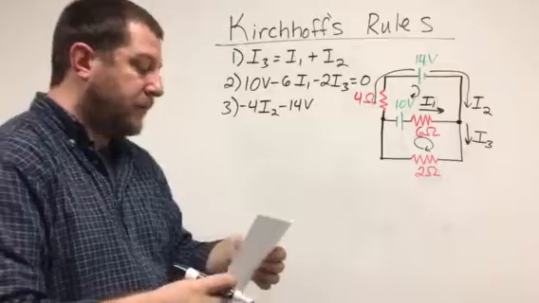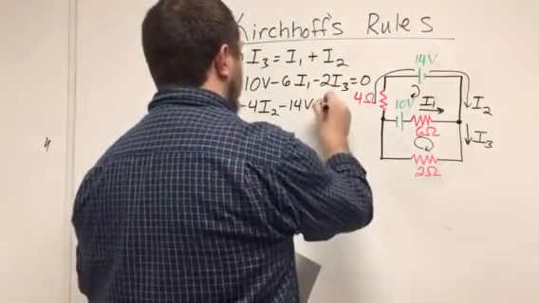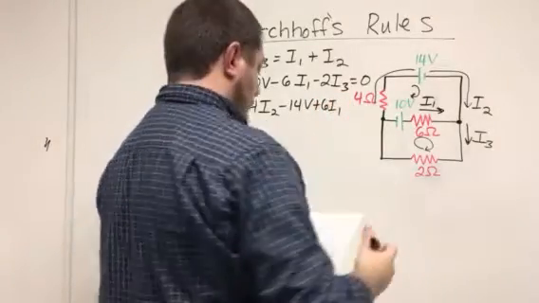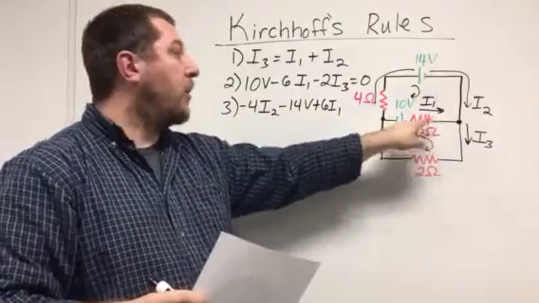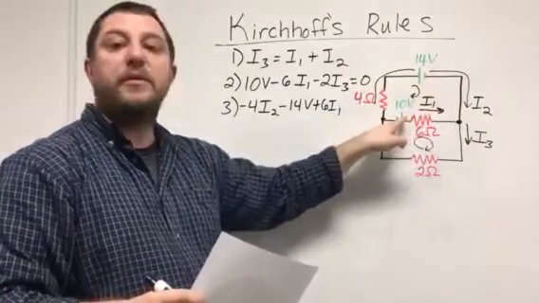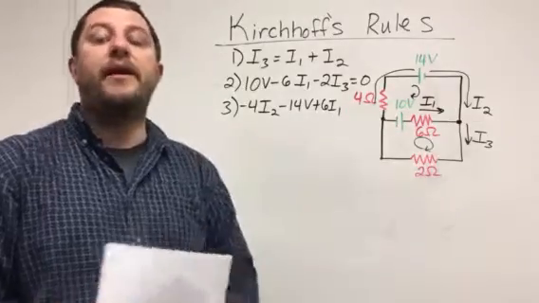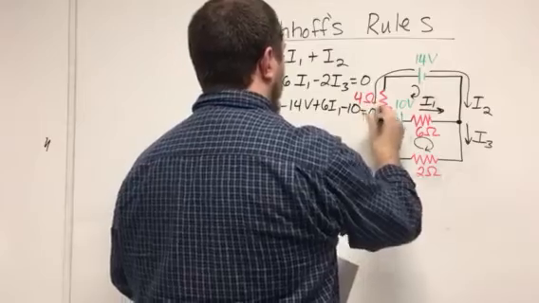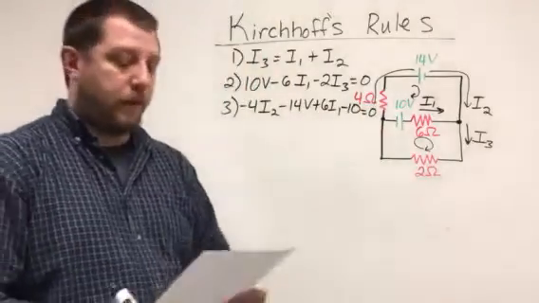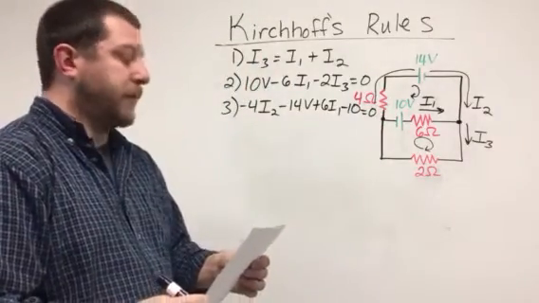So this is going to be an increase in voltage. And then I come to this battery and I go from the negative terminal to the positive. So this is going to be a drop in voltage. And all of that is going to equal 0. So there are my 3 equations, right?